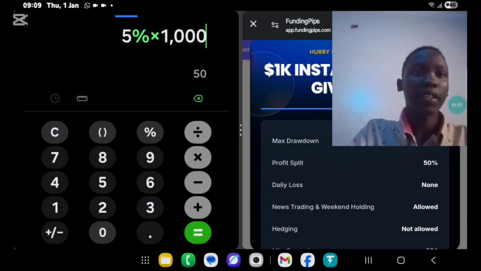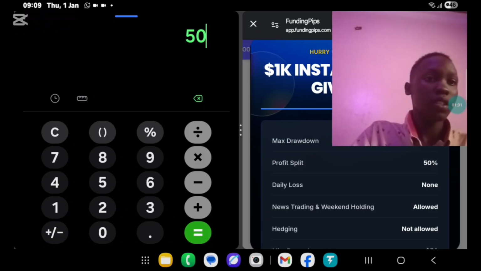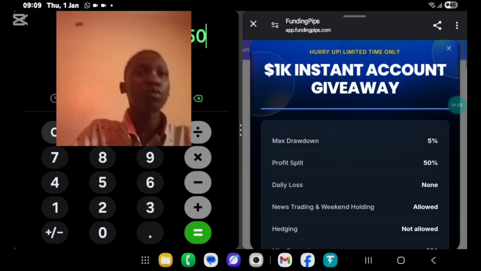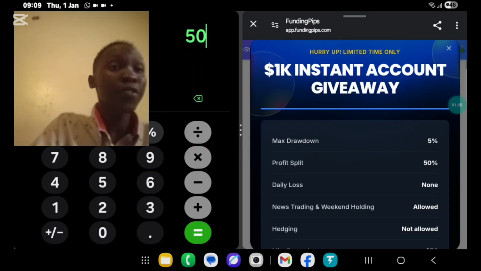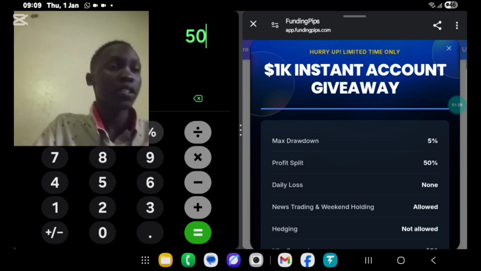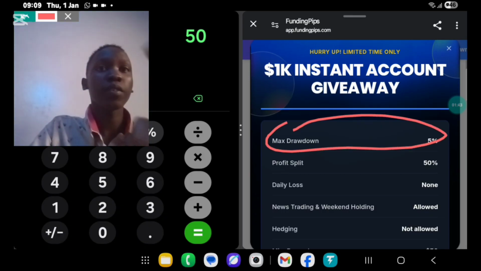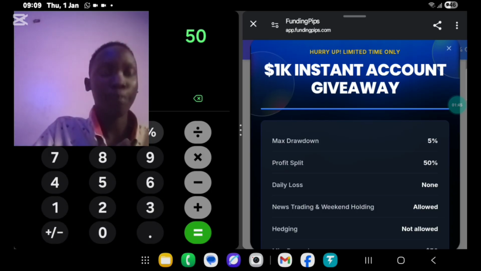So the maximum drawdown, the highest you can ever lose, is $50, guys. You should never lose $50, which is okay. If you have proper risk management, you are set.